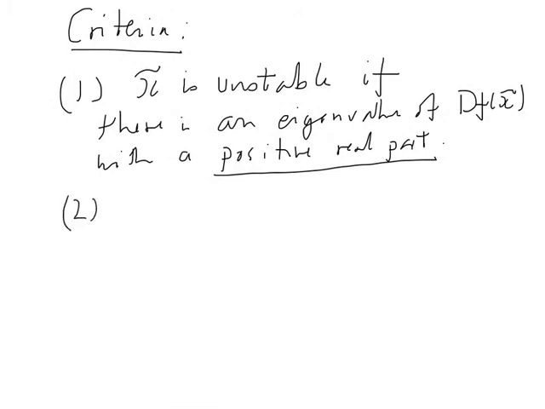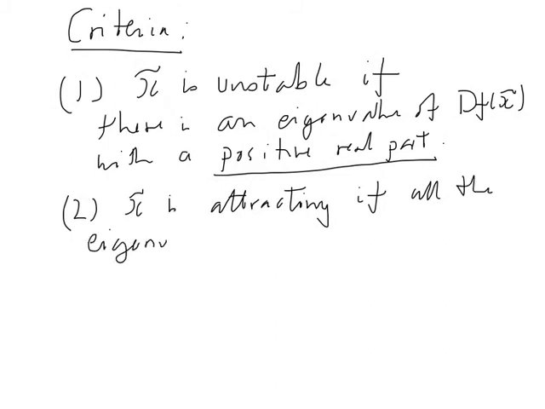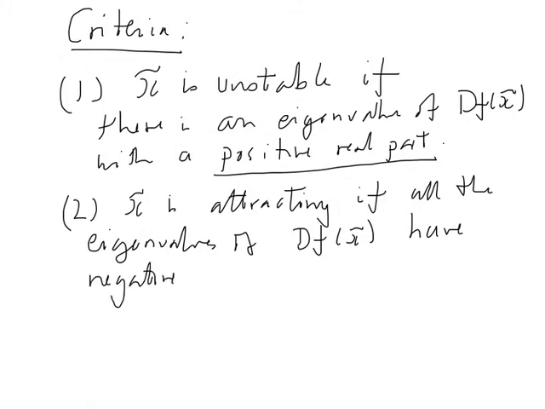Okay, so secondly, we want to say that x tilde is attracting. This is a criterion for attracting if all the eigenvalues of df at x tilde have negative real part.